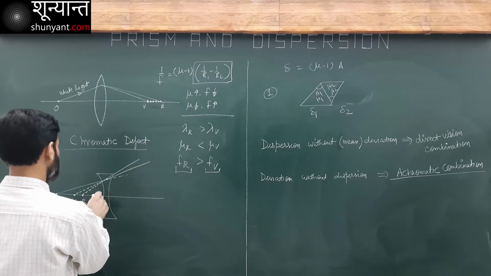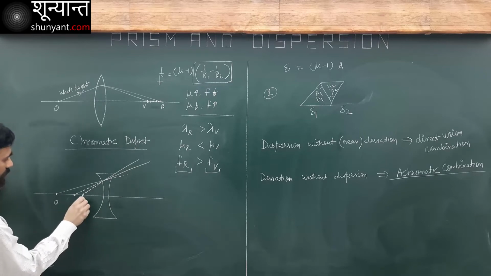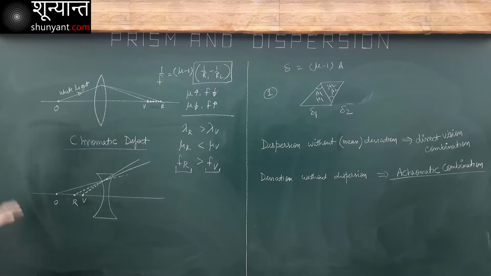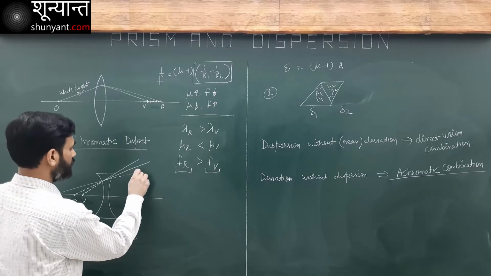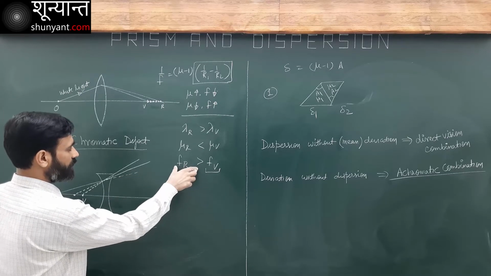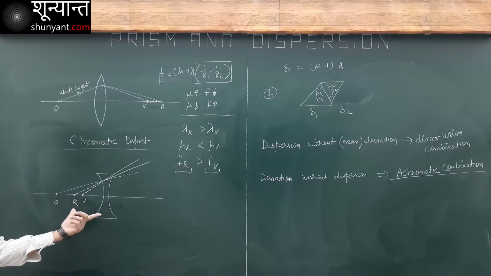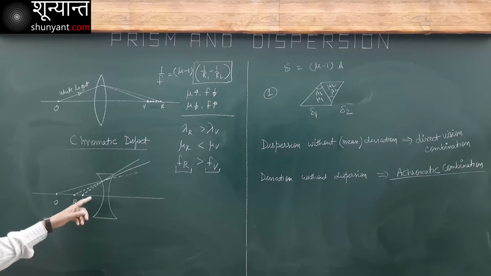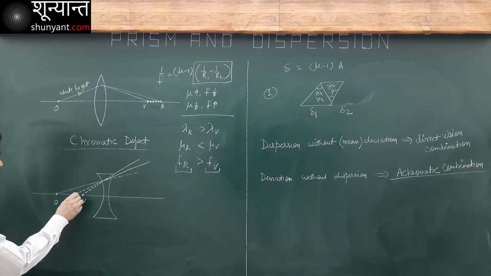This is violet and this is red here. The focal length of red is going to be more than this, magnitude wise. So this is fine, and all the colors are in between here.